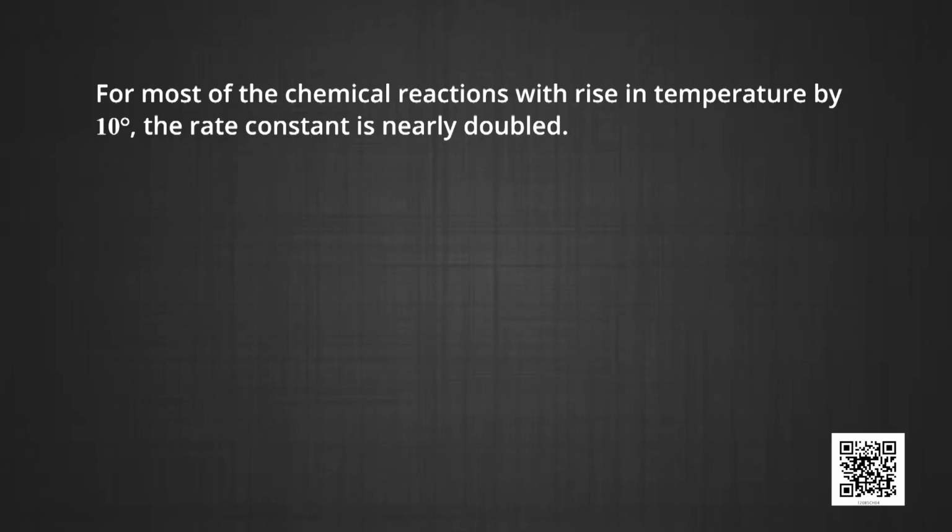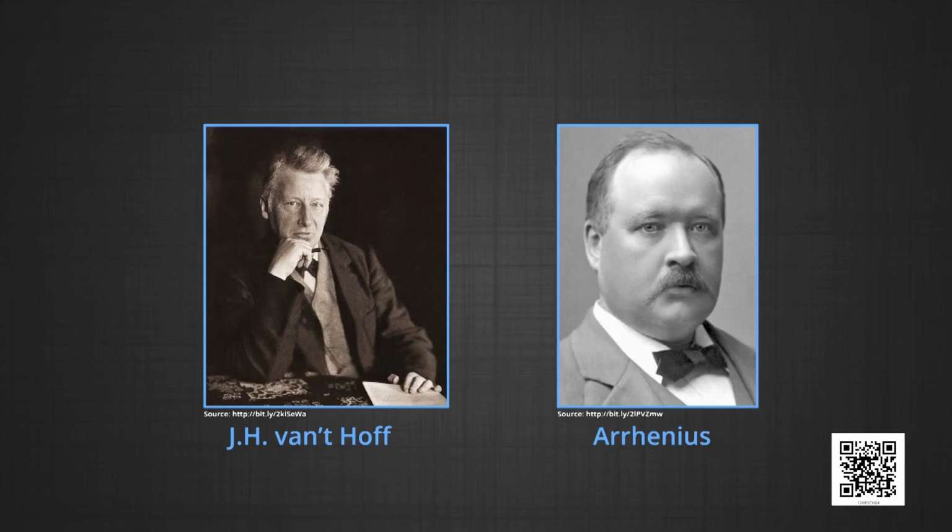It has been found that for most chemical reactions, with a rise in temperature by 10 degrees Celsius, the rate constant is nearly doubled. The temperature dependence of the rate of a chemical reaction can be accurately explained by the Arrhenius equation. It was first proposed by Dutch chemist J. H. van 't Hoff, but Swedish chemist Arrhenius provided its physical justification and interpretation.